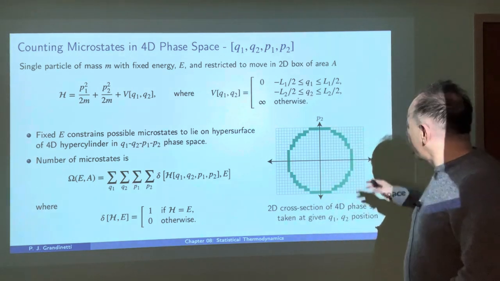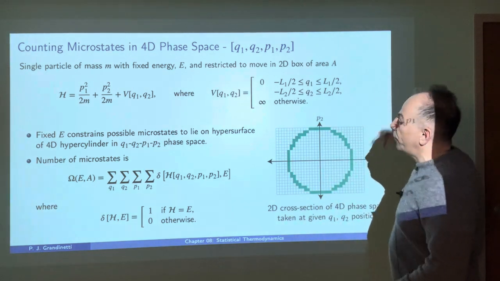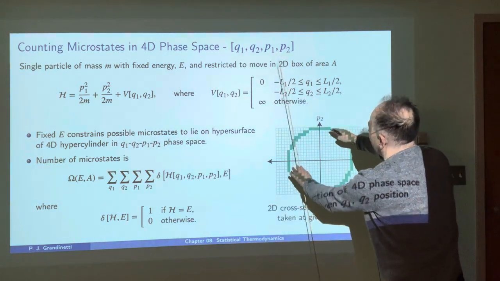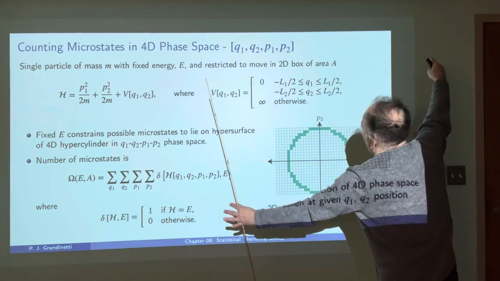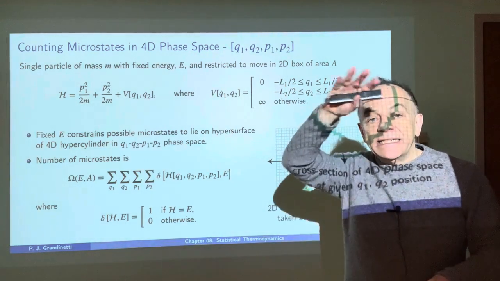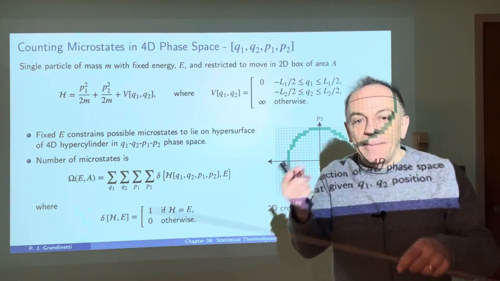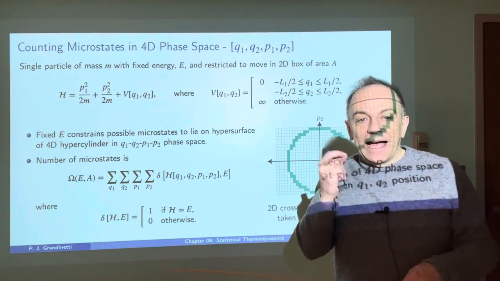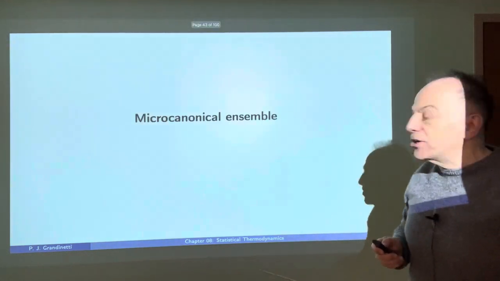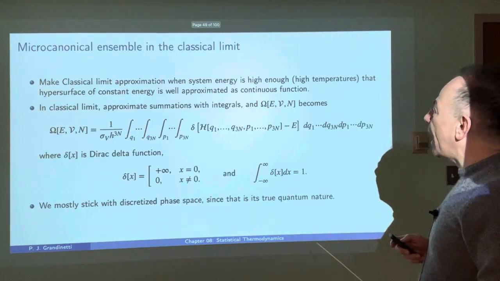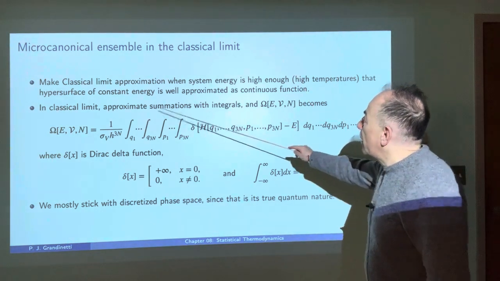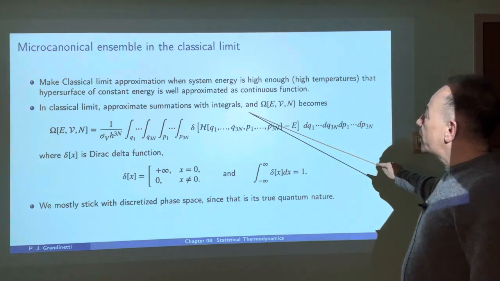But at high enough energies, when we go further and further out, as our energy increases, this hypercylinder gets bigger and bigger in diameter, then that gives us a more continuous looking surface. Just like when you go to a higher resolution screen, it's harder for you to see the discretization. So in the limit that you have a high energy, these summations can be replaced with integrals.